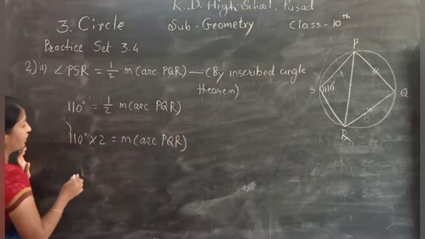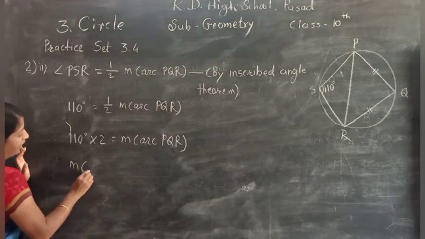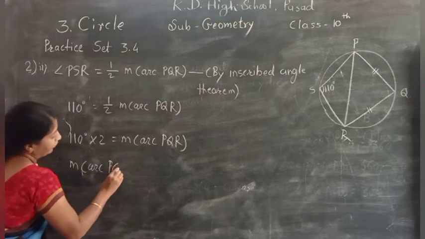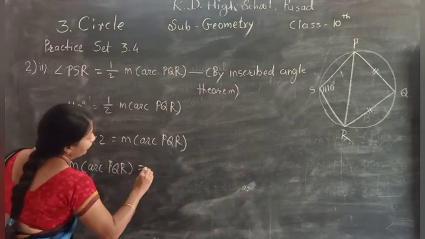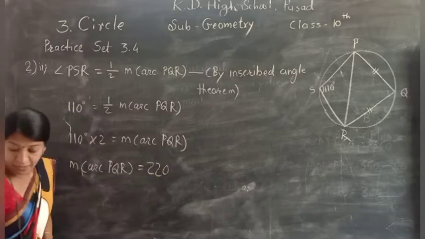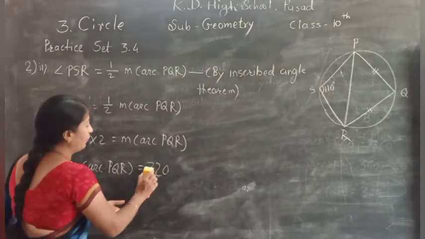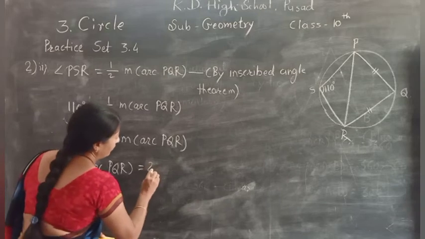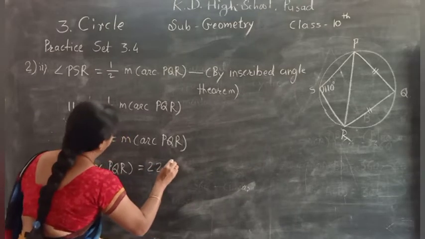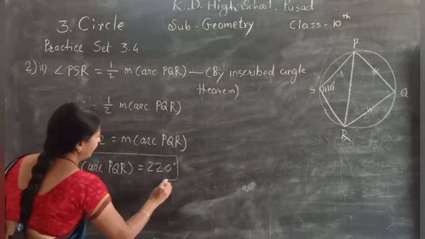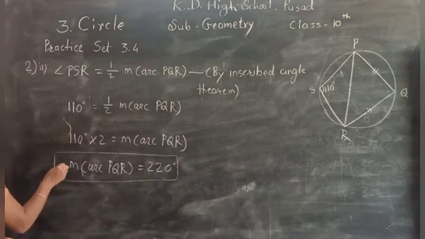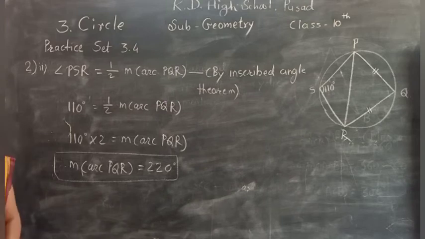Very simple calculation. Therefore, measure of arc PQR is equal to 220 degrees. This is your second answer.